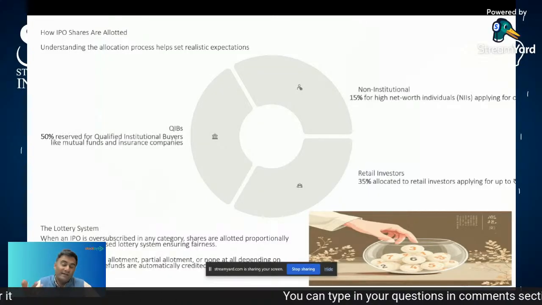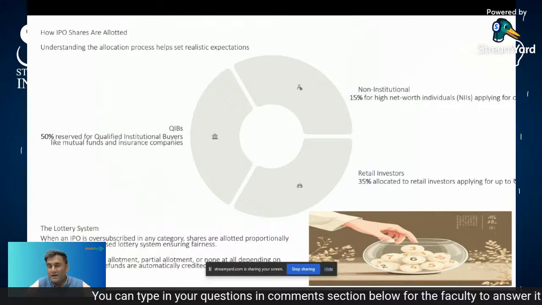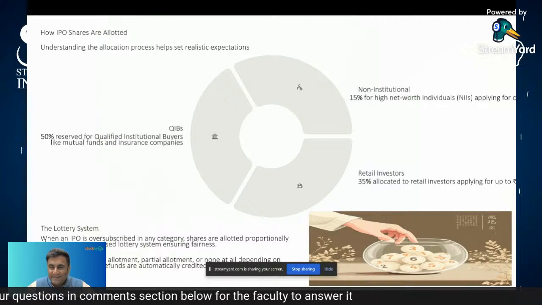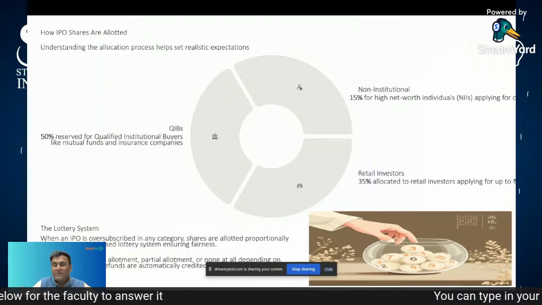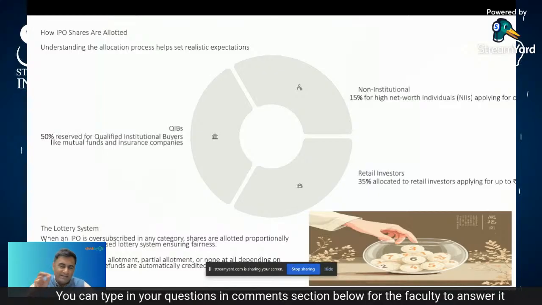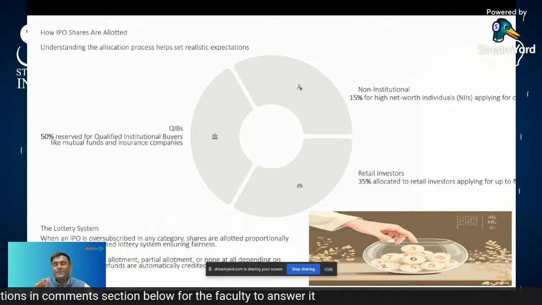So if an IPO is subscribed just one time, then you have 100% probability of getting allocation. If it is subscribed two times, you have a 50% probability of getting an allocation. As the number of times it gets oversubscribed increases, your probability of getting that allocation keeps thinning out.